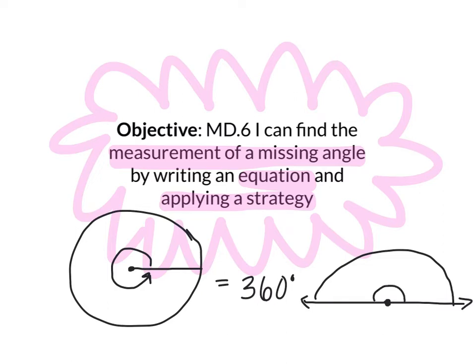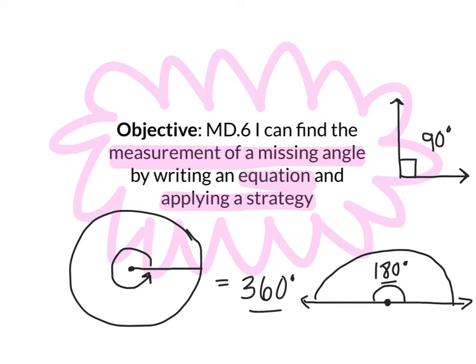When we measure this straight line, we get 180 degrees. Now, when we folded that in half, we got our next benchmark angle, 90 degrees. And that makes sense because 90 plus 90 is 180. And if I added 180 plus 180, we'd get 360.